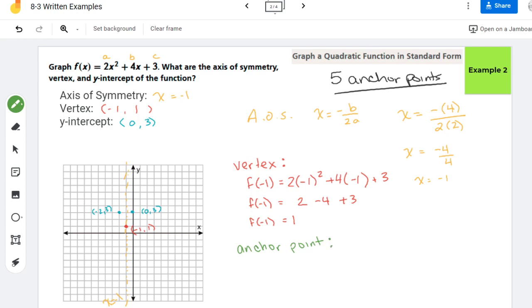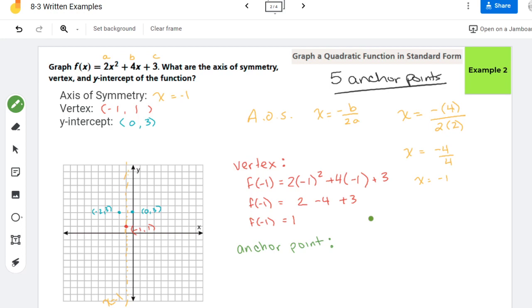It doesn't really matter what x value you choose for your anchor point. You could pick whatever floats your boat. I usually try to keep the numbers small and easy, like 1, 0, negative 1. Sometimes I go as far as 2, but usually not, because I'm kind of lazy.